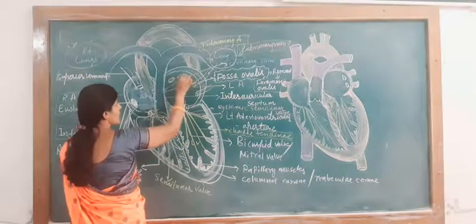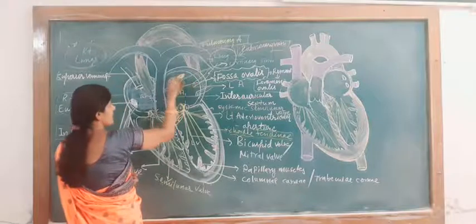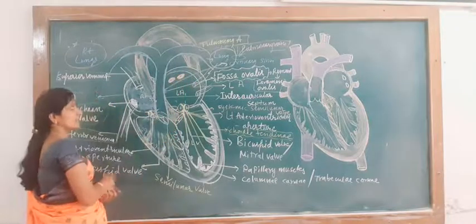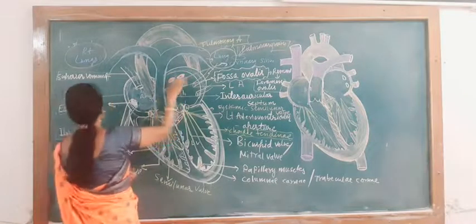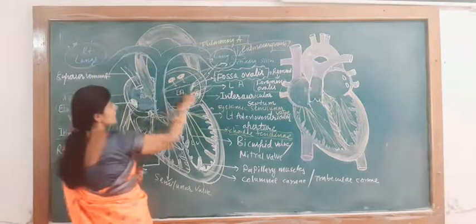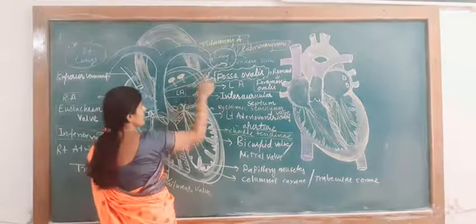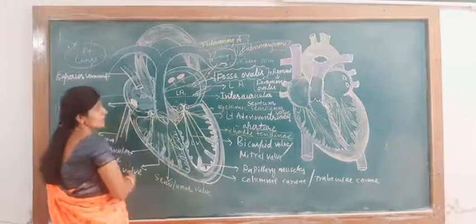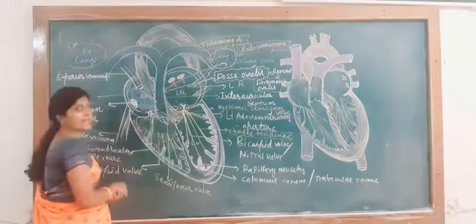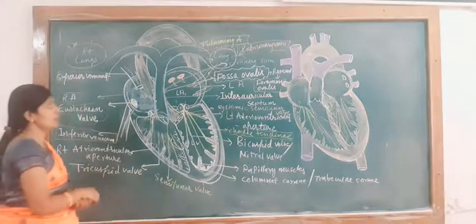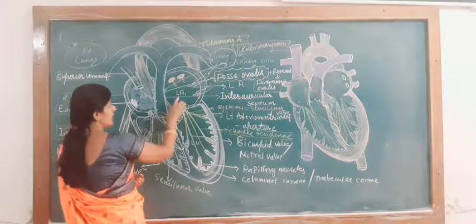Here we can only draw the openings of these pulmonary veins. These two pulmonary veins are coming from the right lung. These two are coming from the left lung. These all bring oxygenated blood into the left atrium.